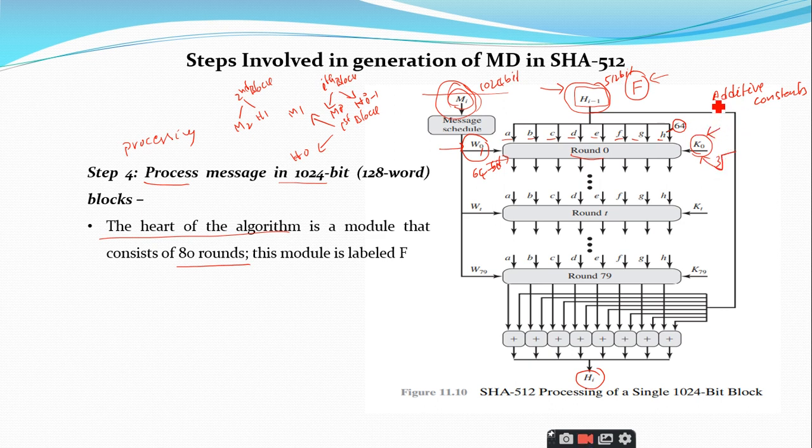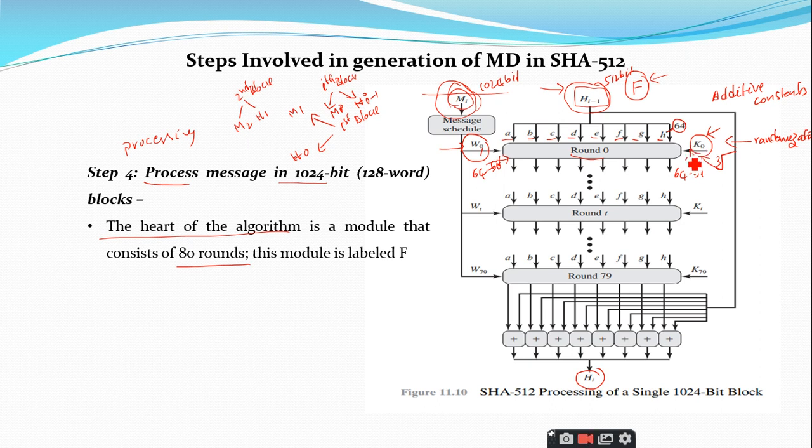There is a purpose: they provide the randomization of the output. So these additive constants provide a randomized set of 64 bits.